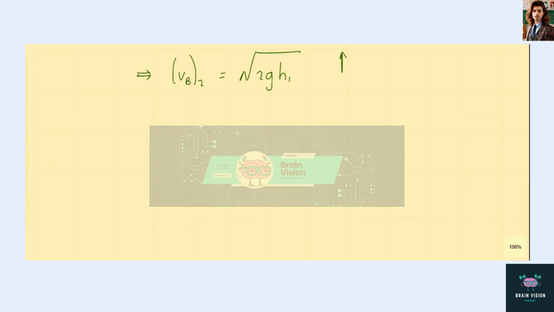Now that we have this velocity, we can look at our definition for the coefficient of restitution, which we wish to calculate.